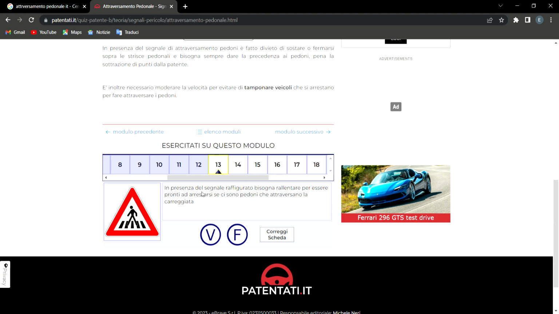Number 13 says: in presenza di segnale raffigurato bisogna rallentare per essere pronti ad arrestarsi se ci sono pedoni che attraversano la carreggiata. It's simply saying that the term rallentare means you need to slow down your vehicle before you stop, in case there is a pedestrian crossing the road.